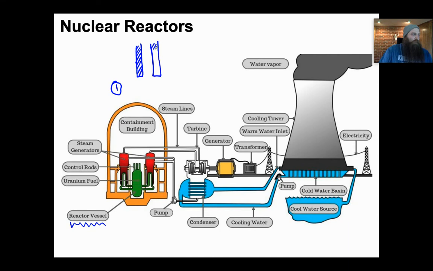As they decay, they will interact and produce heat. A control rod, usually graphite, comes down like so, and it absorbs the neutrons, doesn't let them interact with each other, and prevents the reaction from taking place.